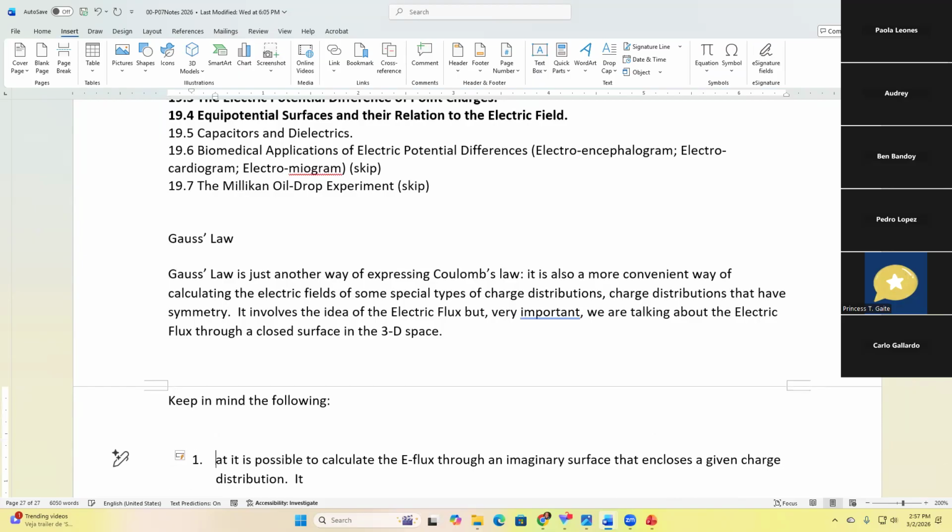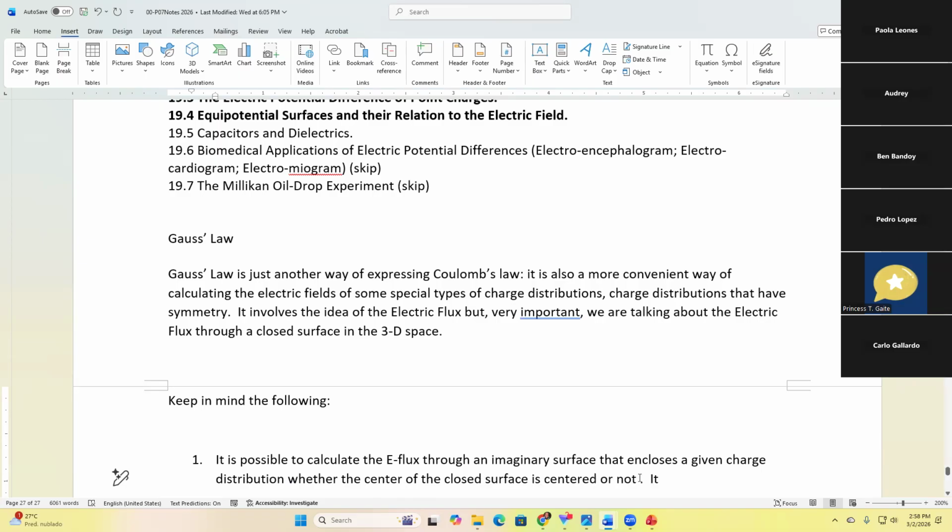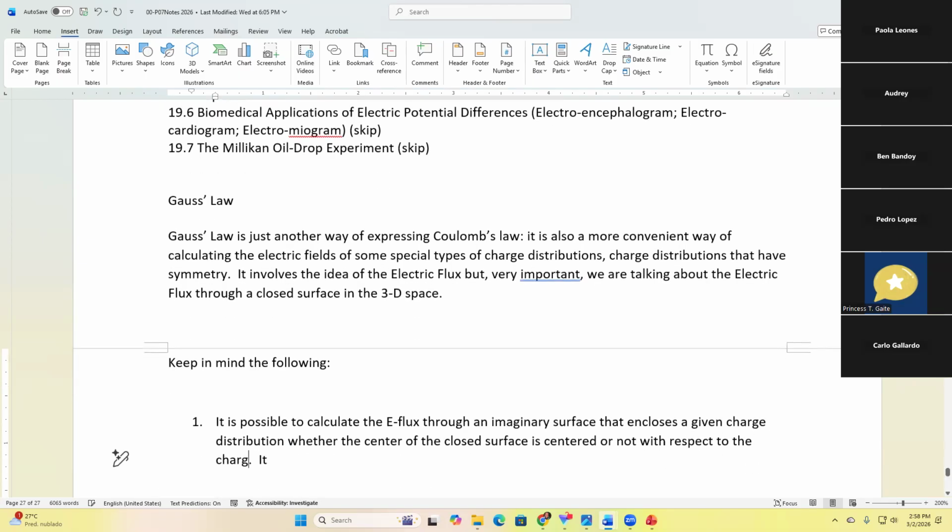One, it is possible to calculate the electric flux through an imaginary surface that encloses a given charge distribution, whether the center of the closed surface is centered or not with respect to the charge distribution. This one is possible.